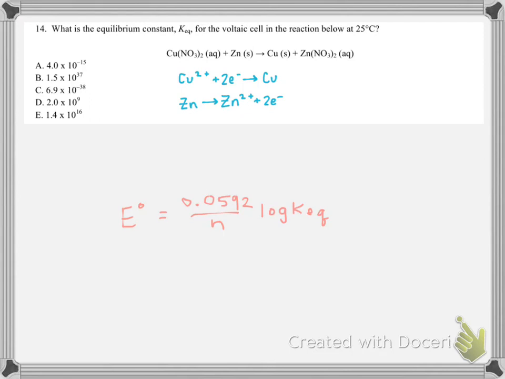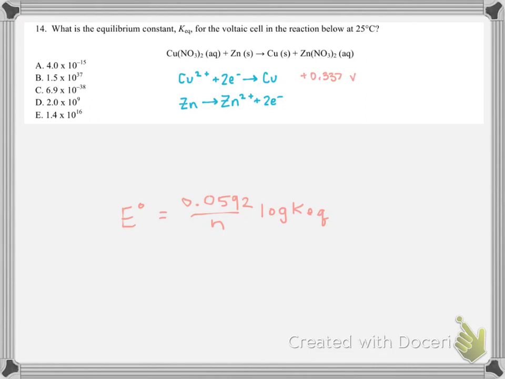And so if you go on to the data sheet, you can find the potentials from the reduction potentials. So for copper, it's positive 0.337 volts. And when I find the zinc reduction potential on the table, it's negative 0.763 volts.